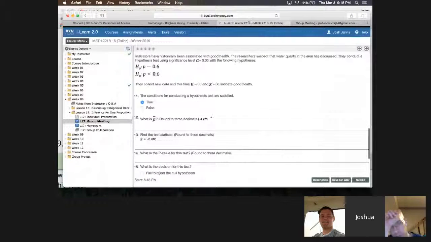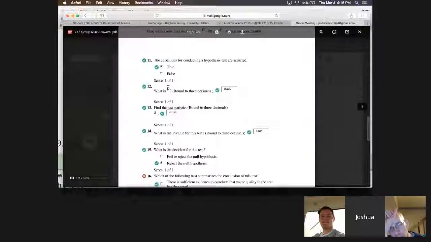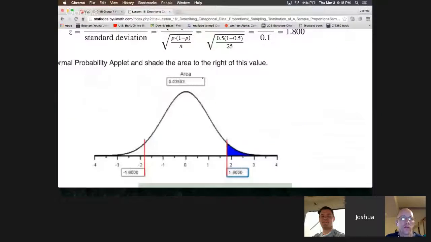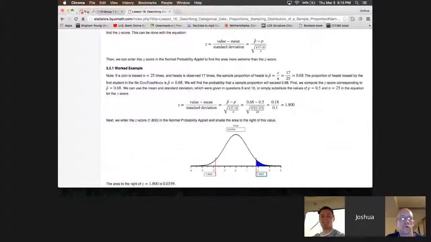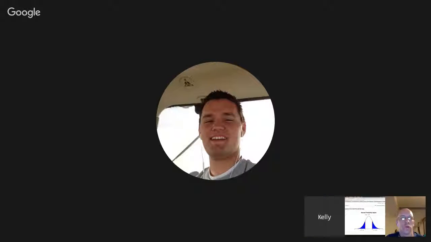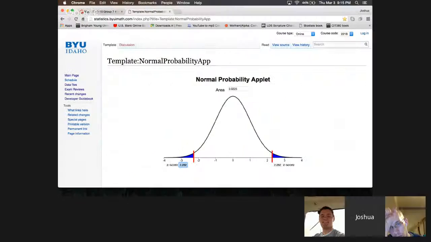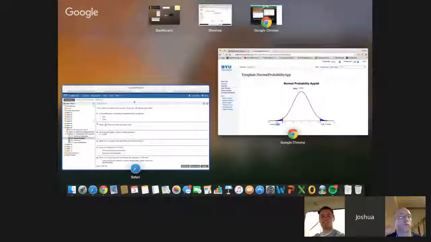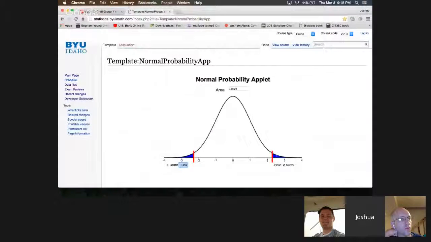And then the p-value. So that's using the applet, right? Yes, and I'm plugging it in right now. So negative 2.282, and our alternative hypothesis is everything less than, so it's just the one side to the left.